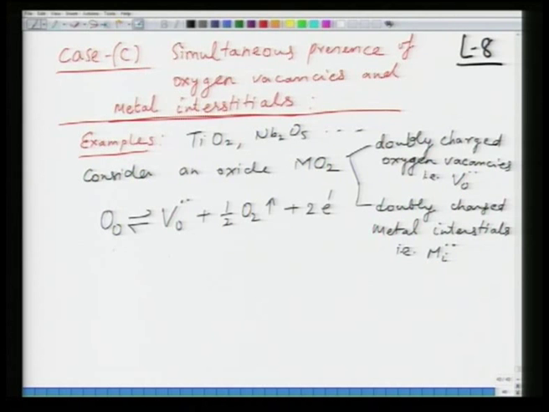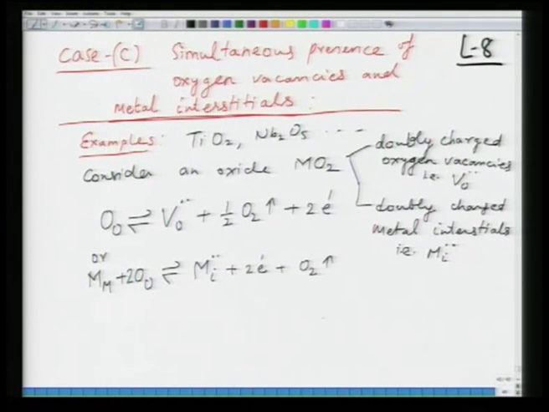The other reaction, in case of metal interstitials, would be MM plus 2OO, because it is MO2, giving Mi, the metal going to an interstitial site. It is not completely ionized, so I will only take 2 electrons. Compensating that, you will have 2 electrons and both the oxygens go out. So, that maintains the site balance.